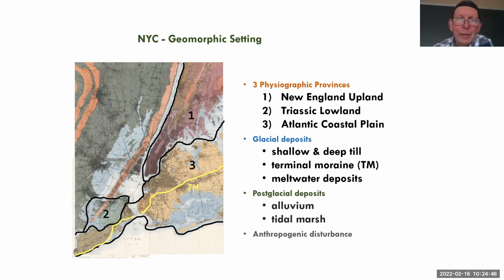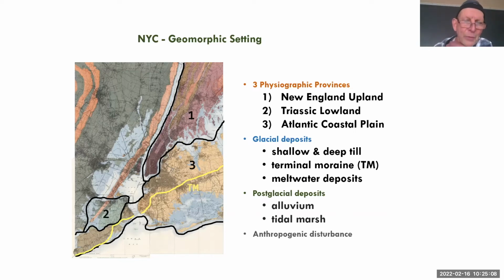It's got a good variety of geology and geomorphology. There are 3 different physiographic provinces. Each has its own type of rocks, each with its own landscapes. The whole city was glaciated. The ice sheet probably left around 20,000 years or so ago. So there are areas of shallow and deep till.